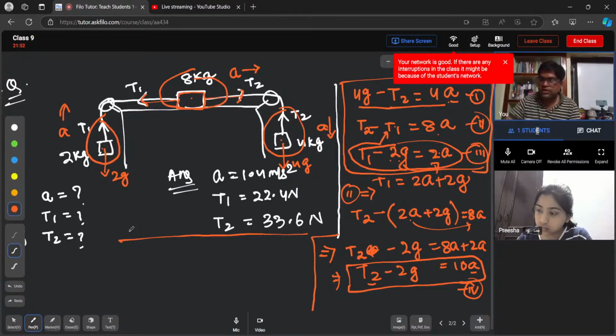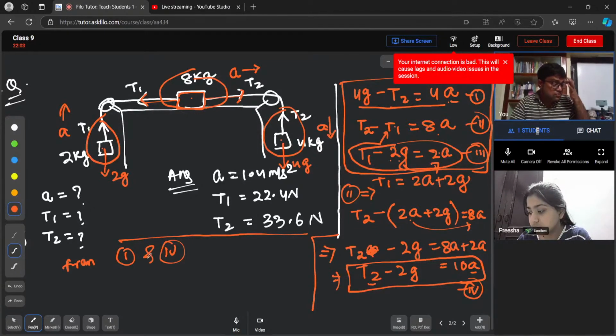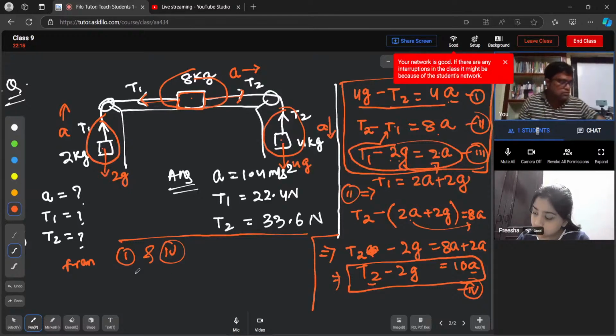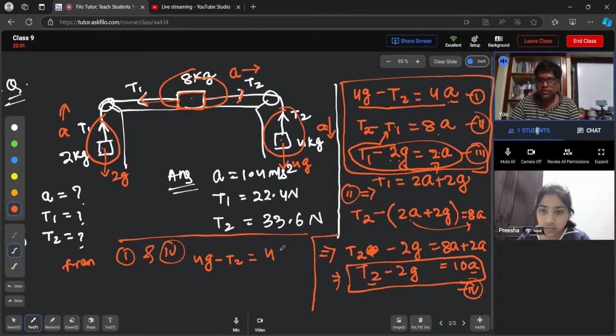So from 1 and 4, what can we write? 4g minus T2 equal to 4a, and another is T2 minus 2g equal to 10a.